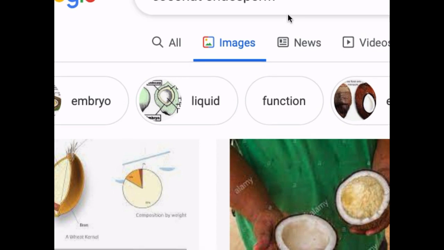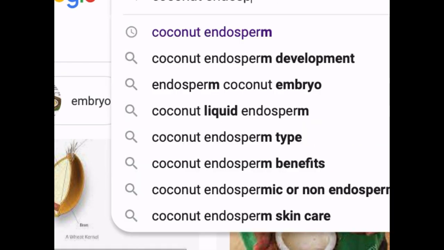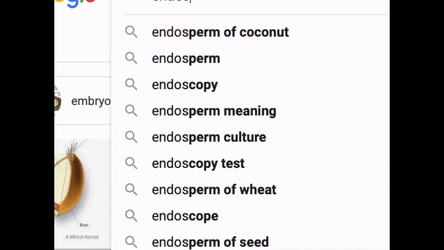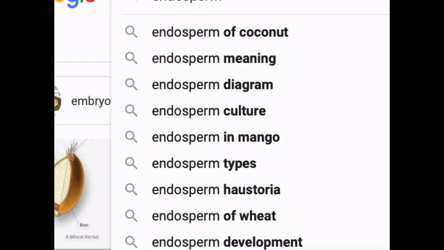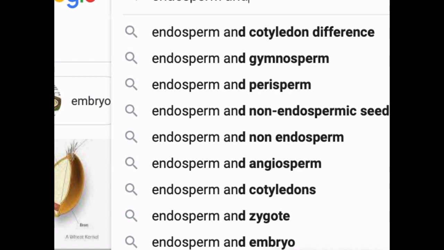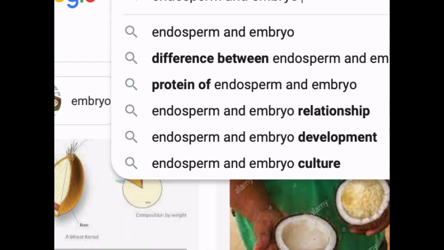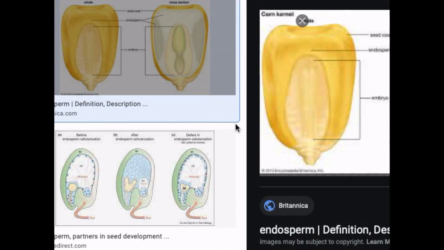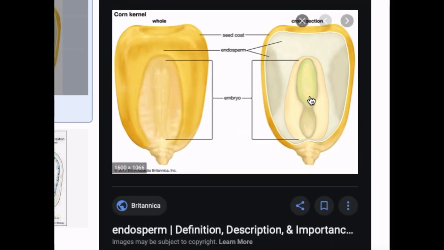But most of the time in plants, the endosperm is not visible, because the embryo is growing inside the seed. Let me show you. Inside the seed you have an embryo, and enclosing the embryo is the endosperm.